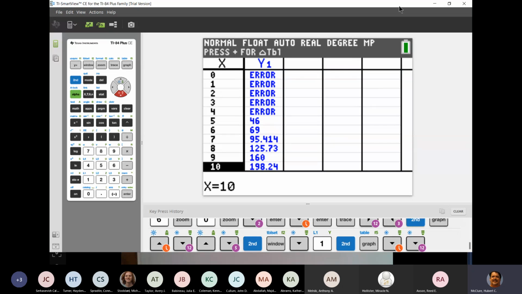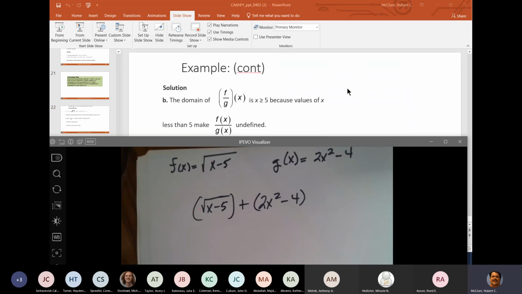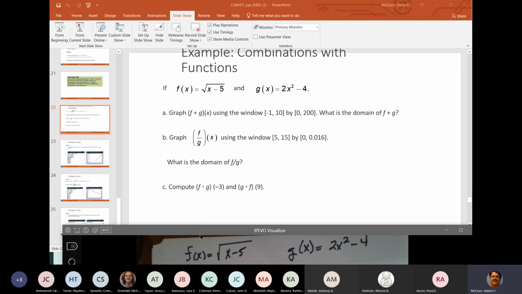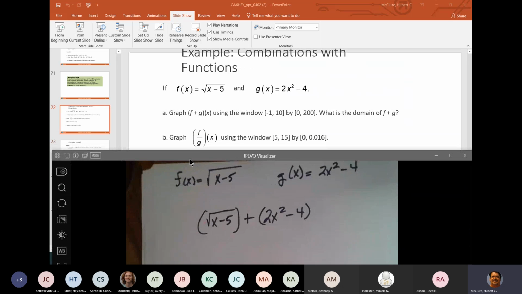Now let's see what else they ask on that question. Graph f divided by g.